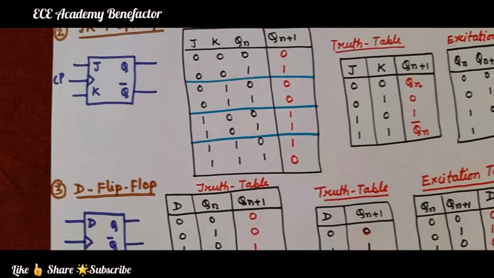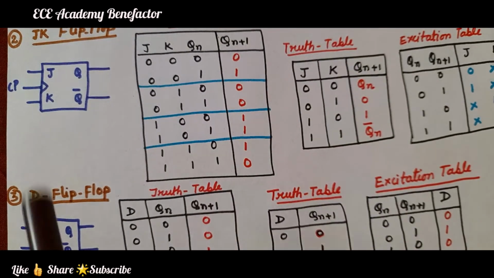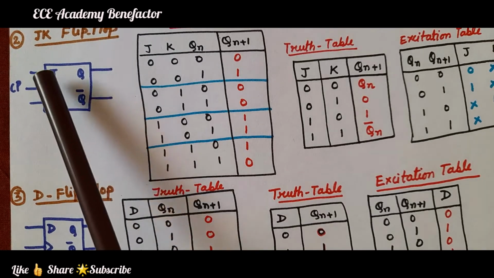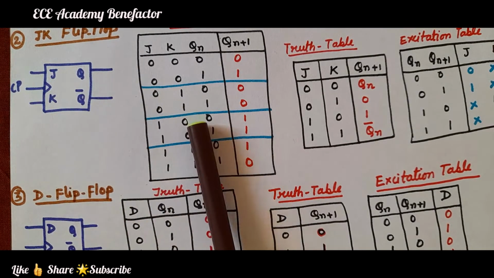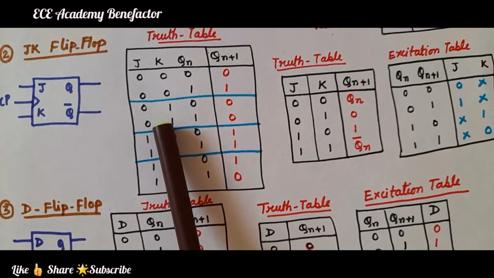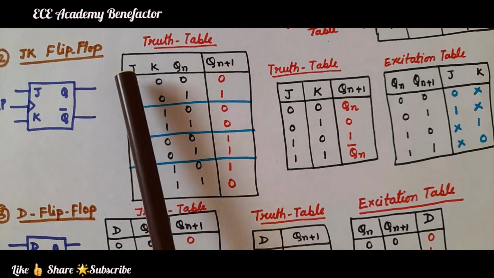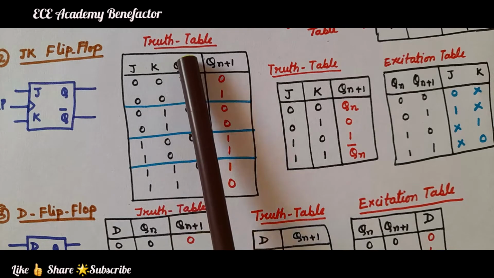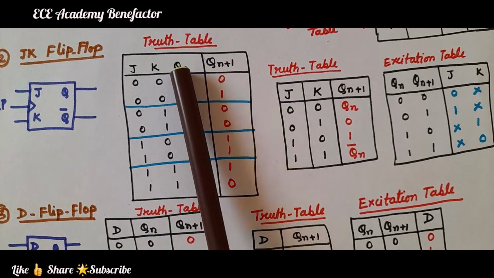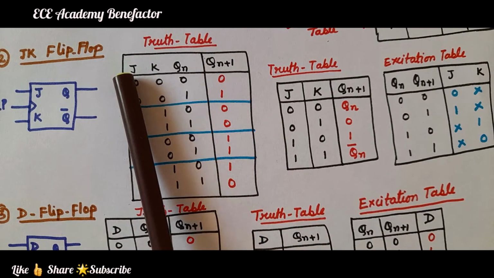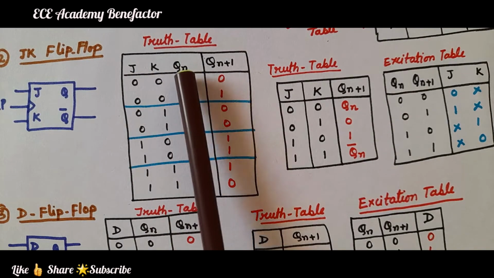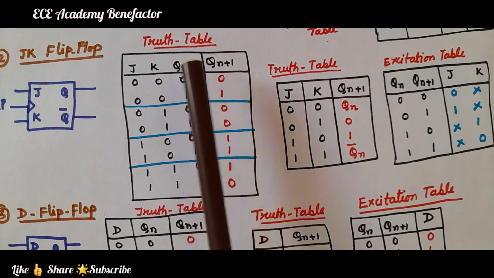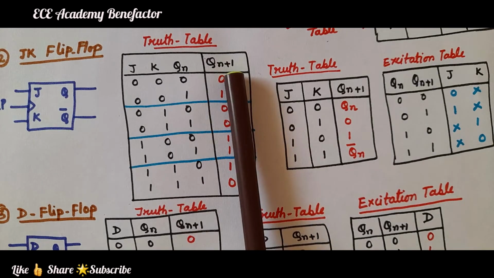Now coming to the JK flip-flop, which has two inputs, J and K. CP is a clock pulse. The truth table is written for three input variables: J, K, and Qn. Qn is the present output, and Qn plus 1 is the next output.